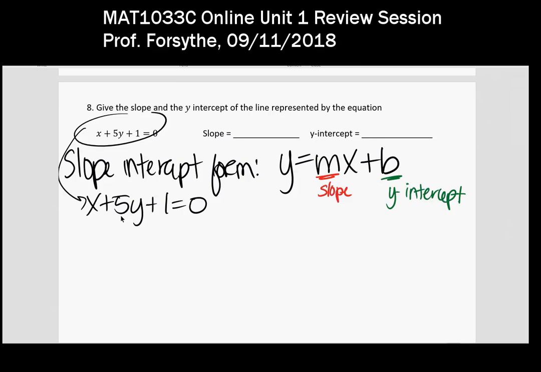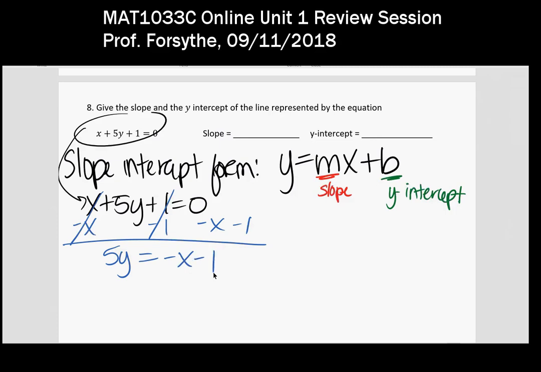To start the process, I want to get the 5y by itself. So let's subtract x and subtract 1 on both sides. That's going to cancel out the x. I'm going to bring down that 5y. 1 minus 1 cancels out, equals 0 minus x minus 1.